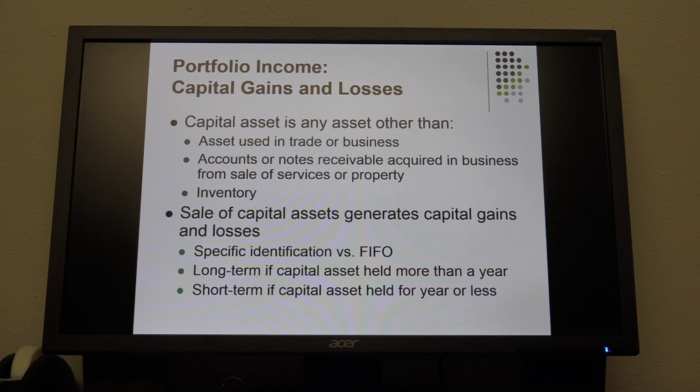The answer, for the most part, especially in the case of purchased capital assets, is if it's held for more than 1 year. If a capital asset is held for 1 year or less, it's a short-term capital asset.